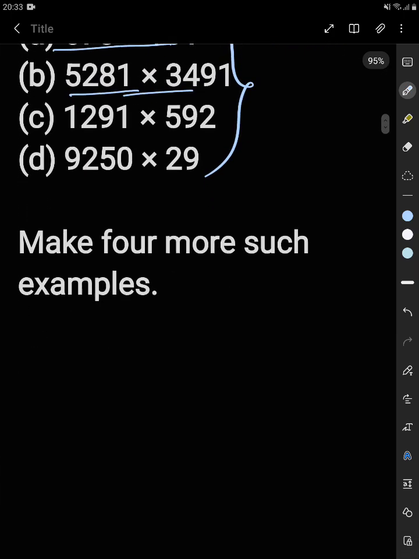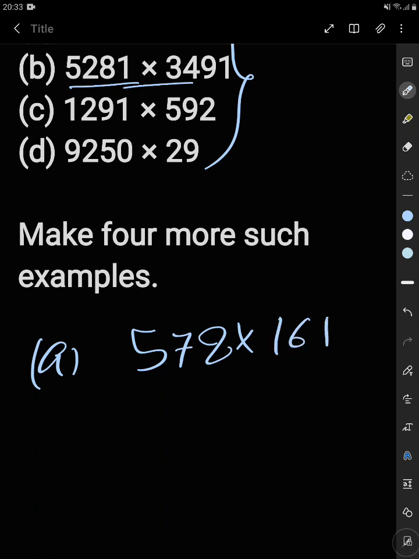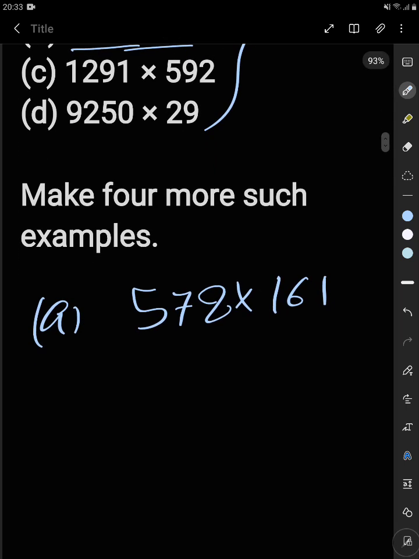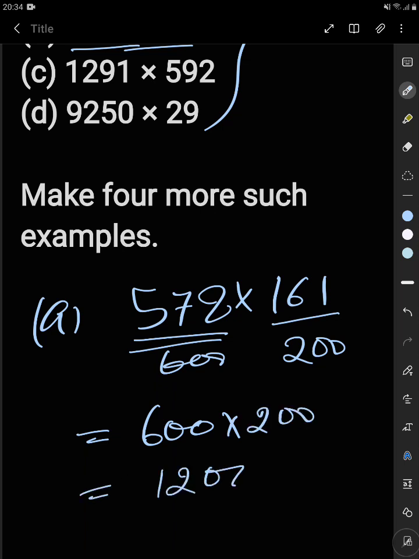578 cross 161. Now with the general rule, we can estimate that this number is close to 600 and this number is close to 200. So by the general rule, this will be equal to 600 multiplied by 200 and it will come out to be 12,000.